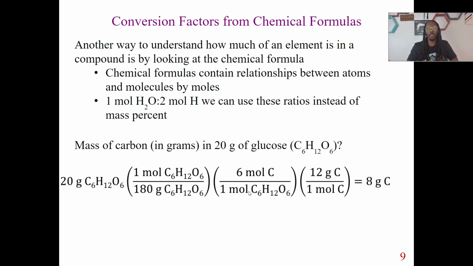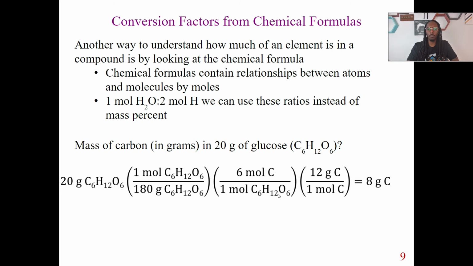This mole to mole ratio step is telling me that for every 1 mole of glucose, there's 6 moles of carbon. Now, how do I know that? I'm looking directly at my chemical formula, right? I have 6 carbons, and I have to understand that this 6 can represent my ratio of moles, right? It could tell me that ratio by using our moles.